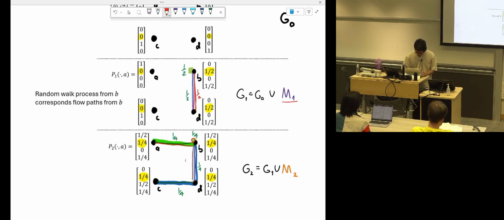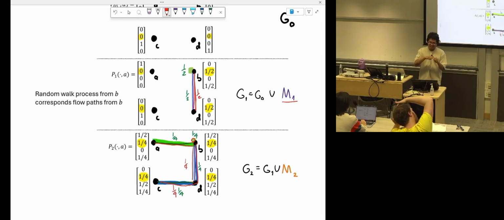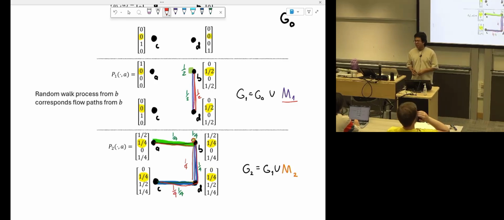This one with 1/4 and go here with 1/4. So you see, right, that this process after i steps will generate 2 to the i flow paths starting at each node. So by combining these flow paths all together, it just gives you the flow that routes the Pi demand with congestion 1.